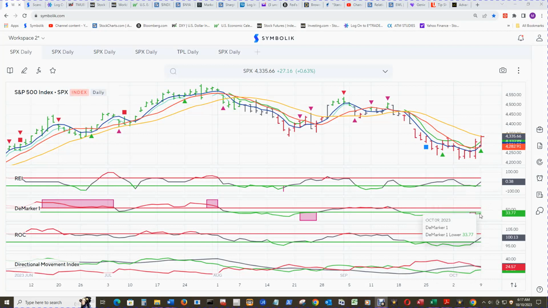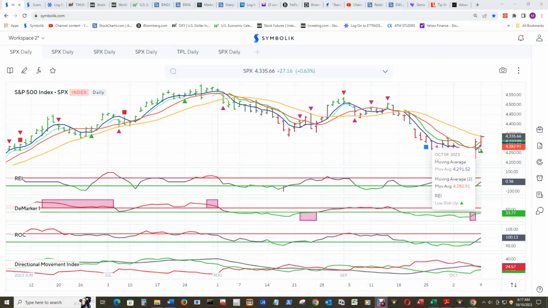So when DM1 gets above its 40 line here and starts moving up, that is a strong buy signal. Until that happens, it's caution flags still a little bit, even though the overlap 3 did print. That's a good indication that the DM1 will follow.